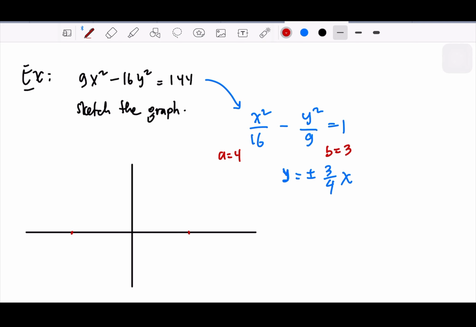And C will be 16 plus 9, it's 25. So C is 5. Okay, so 4, maybe 5 is here, and another 5 is here, right?